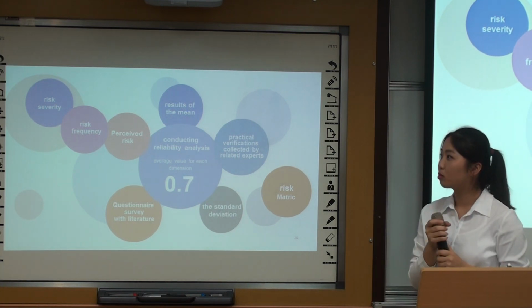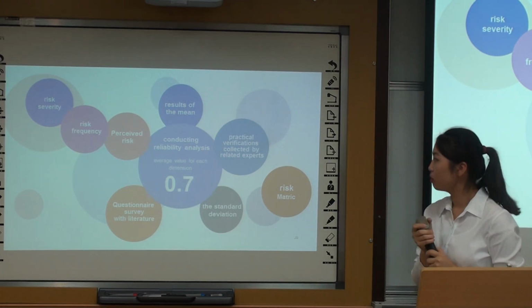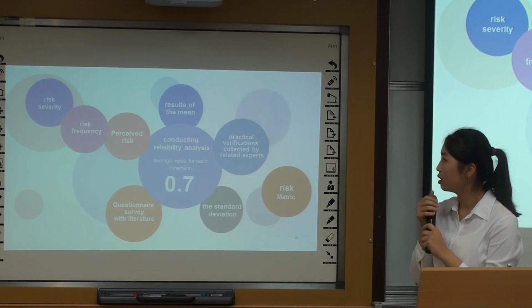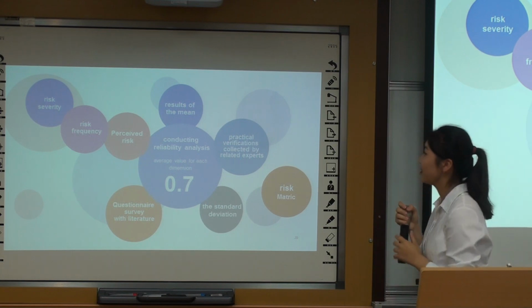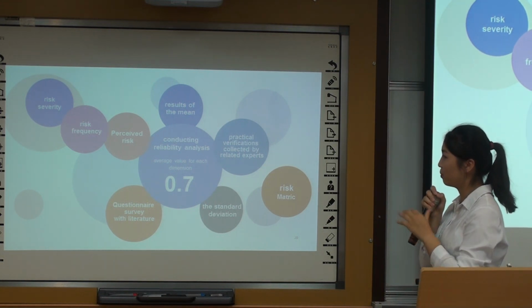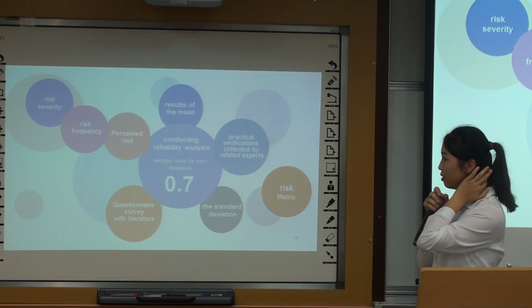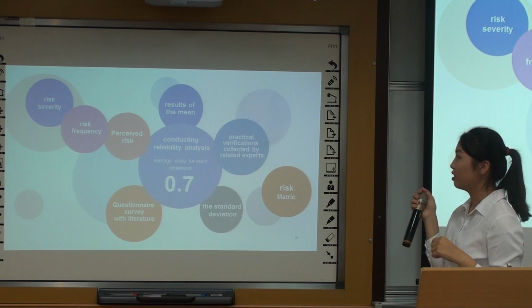One more question. How do you obtain this 0.7? That's the reliability, right? What does that mean? Do you understand its meaning?